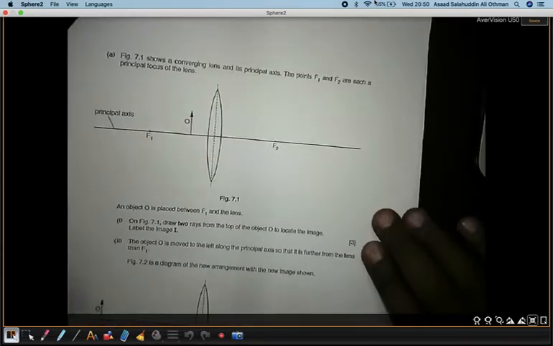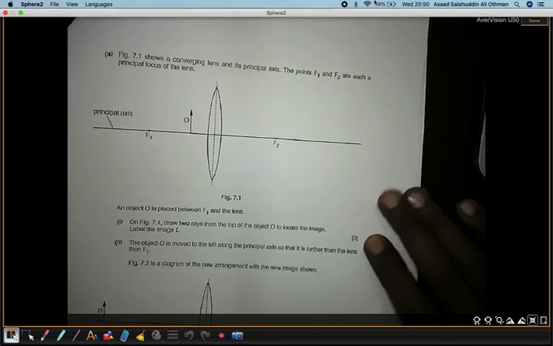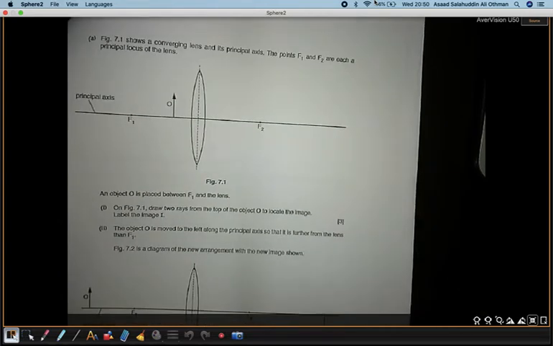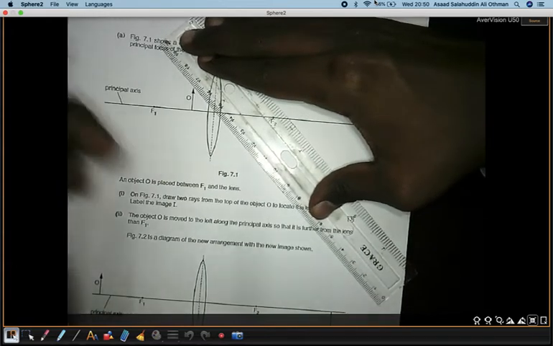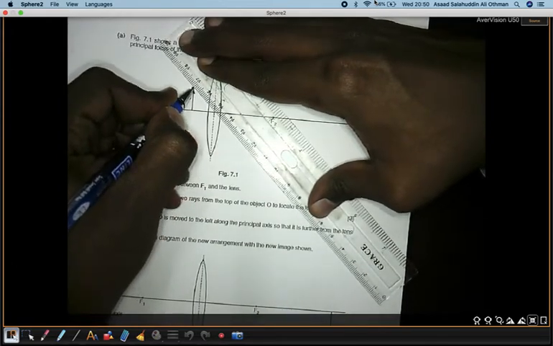Figure 7.1 shows a converging lens and its principal axis. On the figure, draw 2 rays from the top to locate the image. Remember, the first ray always passes through the center of the lens.